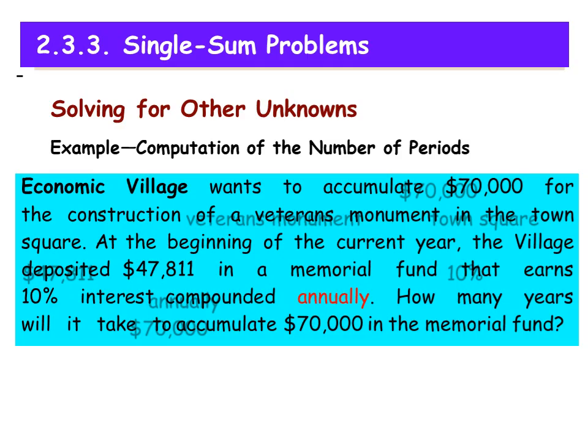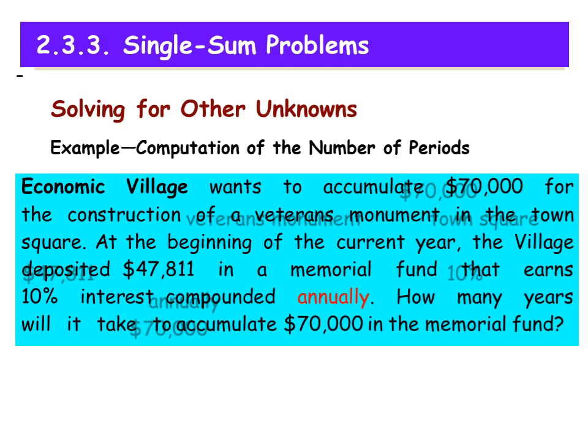By using the formula, we can get it in the form of the present value approach or the future value approach. For example, the future value approach equals present value times 1 plus i to the power of n, or the present value approach equals future value over 1 plus i to the power of n.